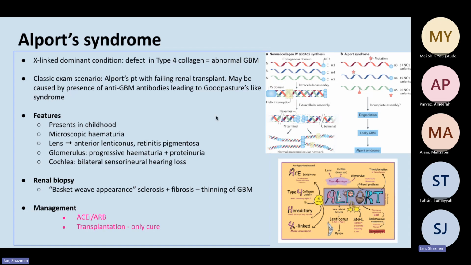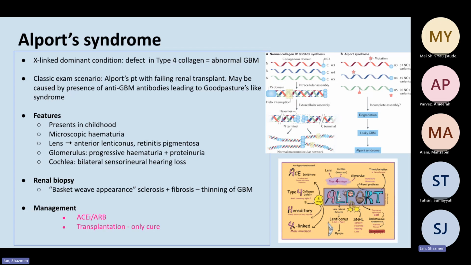membrane. So typically in exams, they'll describe a patient with Alport's that's given a renal transplant that's failing, and so what happens is that the Alport's patient is obviously not going to have any antibodies to their own glomerular basement membrane, which is abnormal.